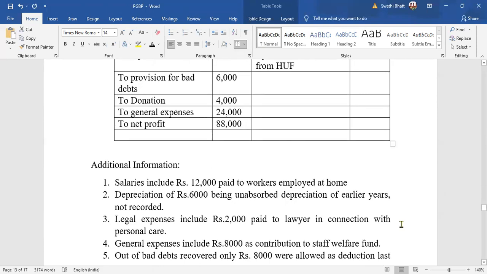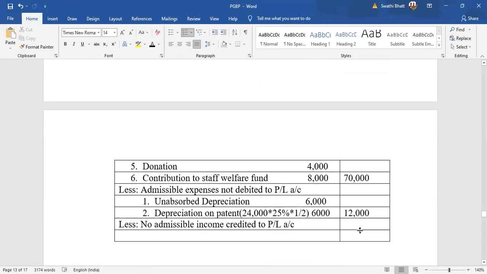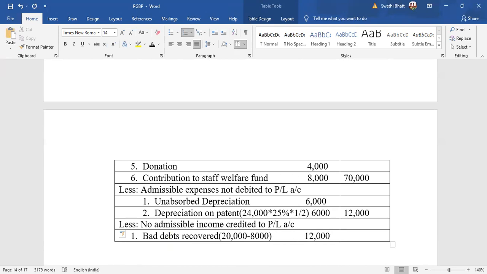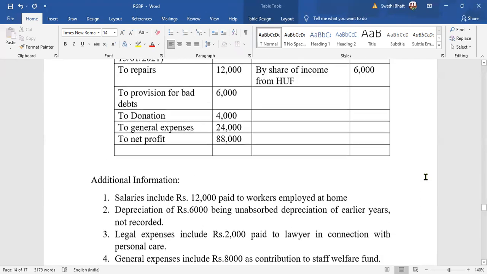So the amount which was already allowed last year, you can't show again. So this year, bad debts recovered: 20,000 is the total amount, 8,000 you have already shown as deduction last year, so the remaining amount is 12,000, which you will be deducting for this year.